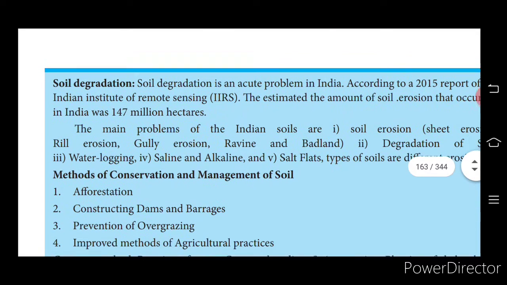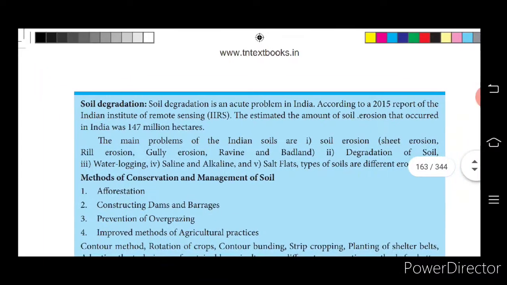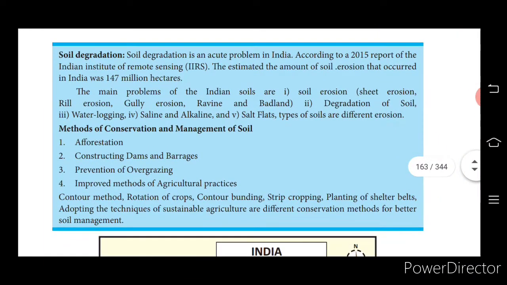Now coming to soil degradation. What do you mean by soil degradation? It is the negative part, you can say. Soil degradation is an acute problem in India. When people are cutting off the trees and removing the sand and soil from that place, that is called soil degradation.